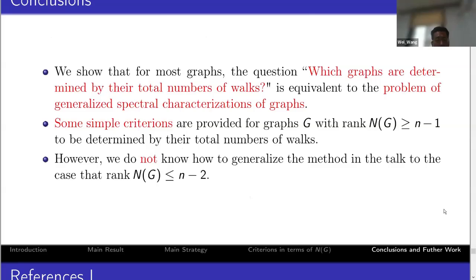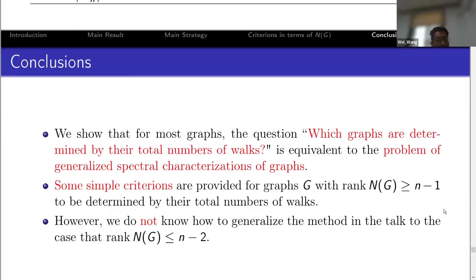So okay, let me give a brief summary. We show that for most graphs, the question of which graphs are determined by their total number of walks is equivalent to the problem of generalized spectral characterizations of graphs.